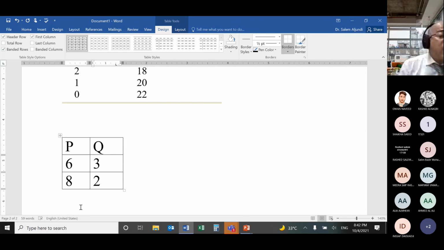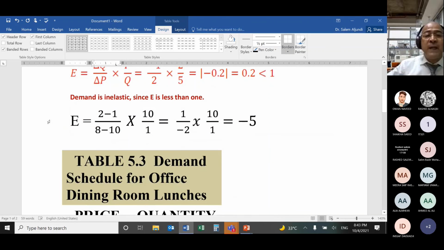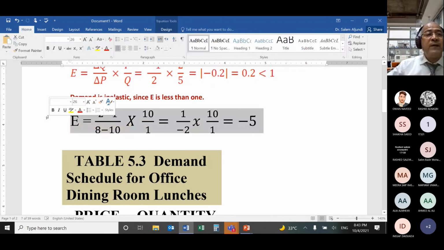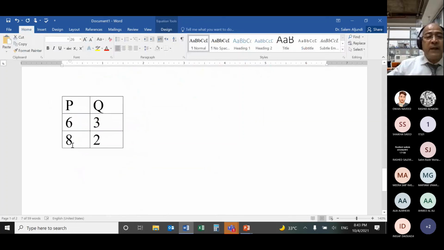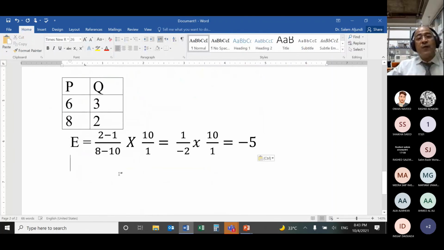According to the question, mostly in common exams I ask to calculate the elasticity when the price increases or decreases. So again, we need this formula. To make my life easy, I will use this formula.